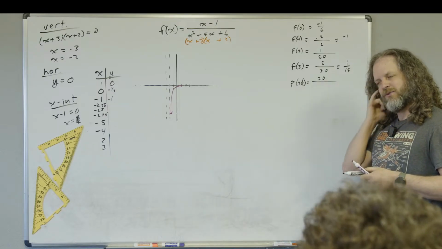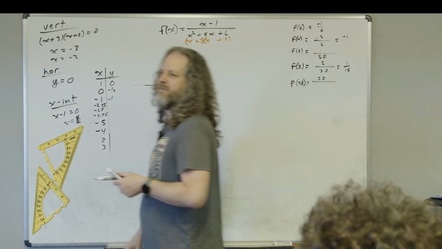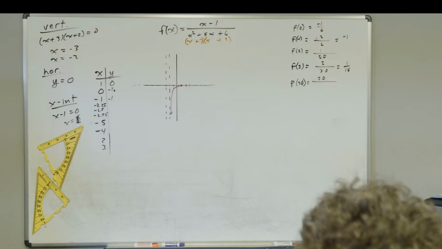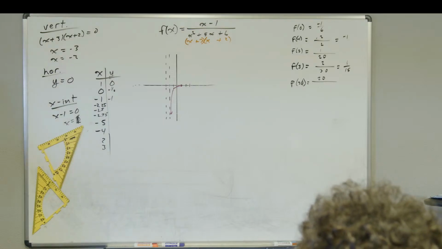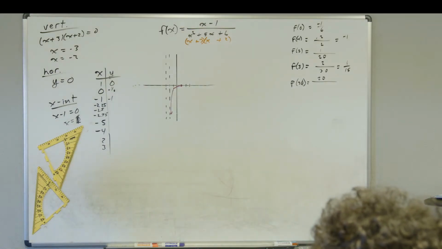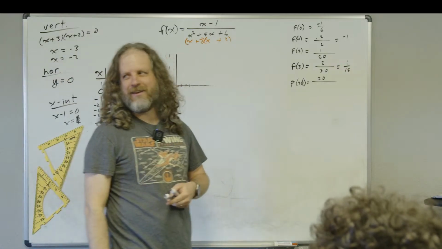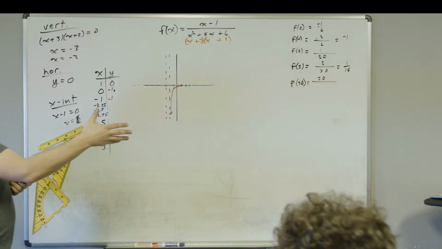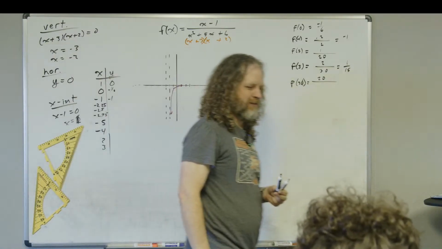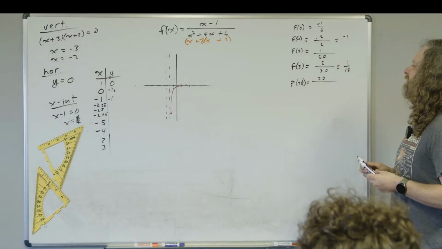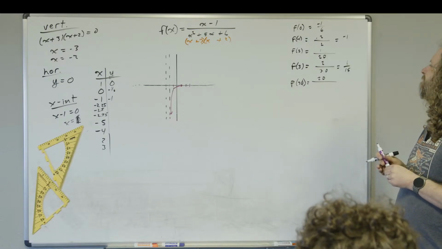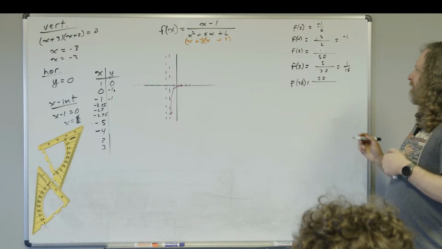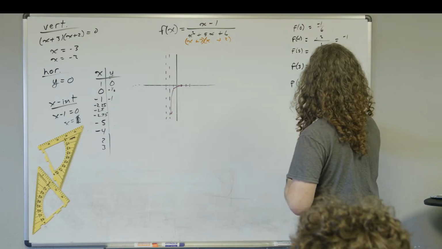What's 21 squared? You have calculators. 21 squared? I picked 21 because we get an even number on the numerator. 441 plus 5 times 21 plus 6. 552. Everybody agree? Yes.